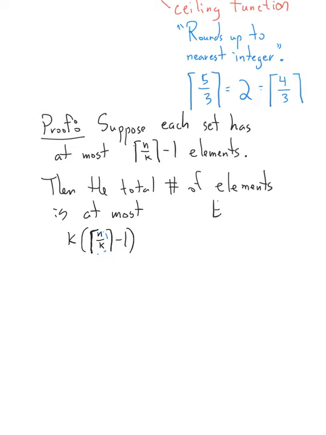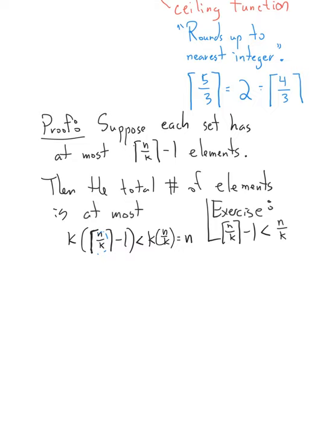So, as a little exercise, you guys can think about that the ceiling of n over k minus 1 is definitely less than the original expression. If you think about what's going on, you're just rounding up, so if you round up and subtract 1, then the original expression is going to be bigger. So we know that this is going to be less than k times the original expression, n over k, which is, of course, n.